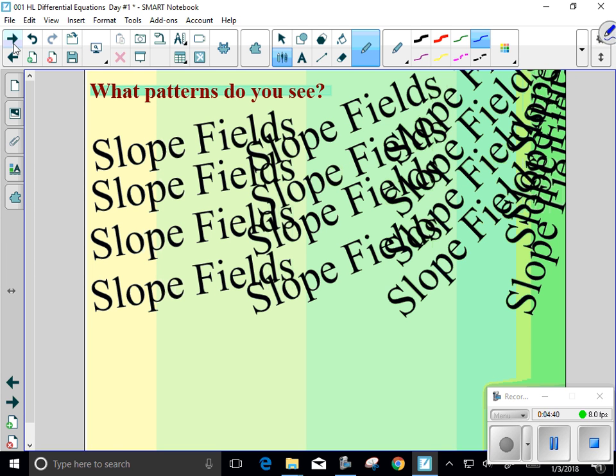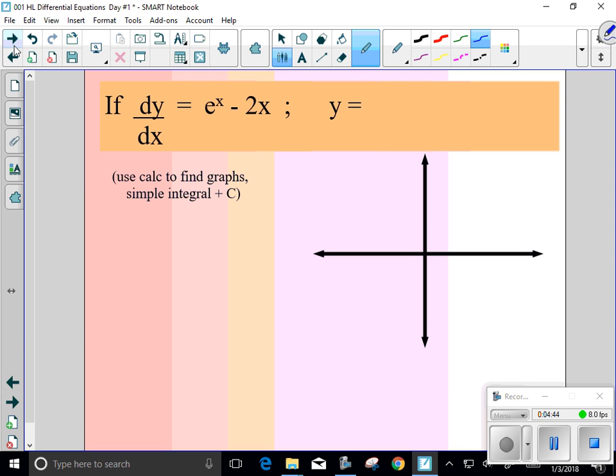All right. So next thing I want to look at are slope fields, looking for patterns in slopes. And a great place to start is if you get your calculators out. Before you even do that, would anybody know how to find y from this? Been a while. Yeah, do the antiderivative, right? If you know what dy dx is, what's the antiderivative?